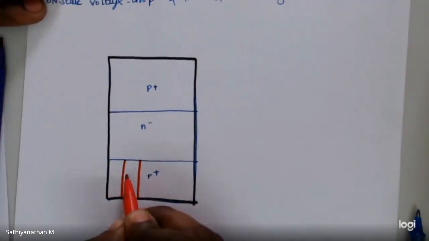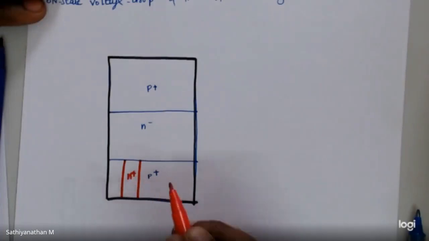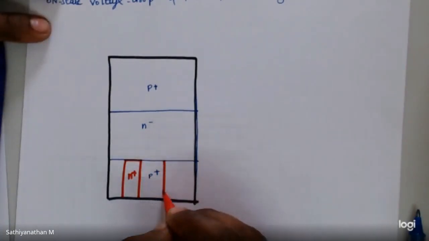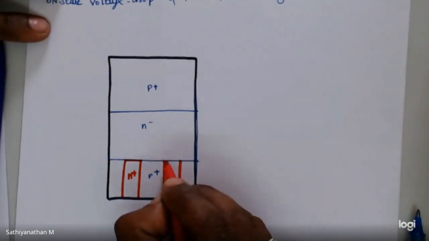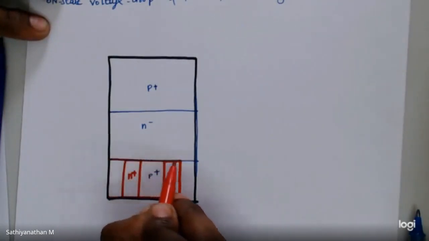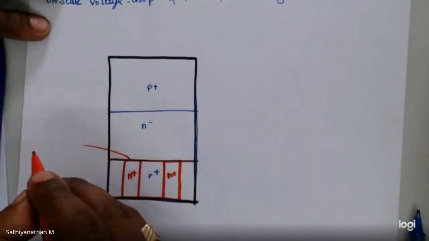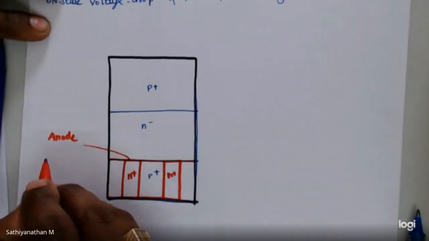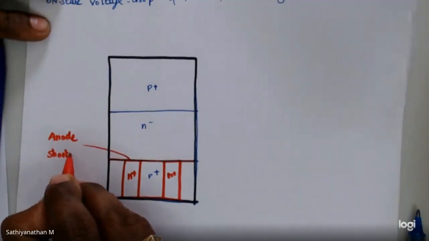So this is an N plus layer formed over the P plus, and N plus and P plus are shorted. So this is called the anode shorted structure.